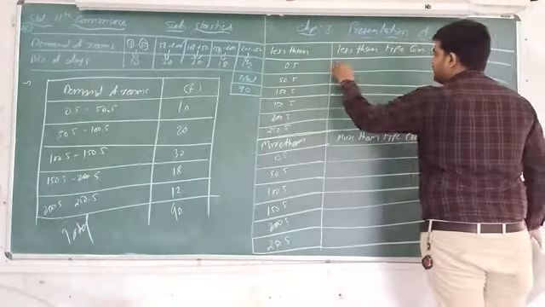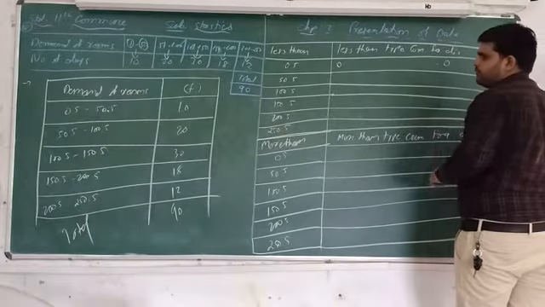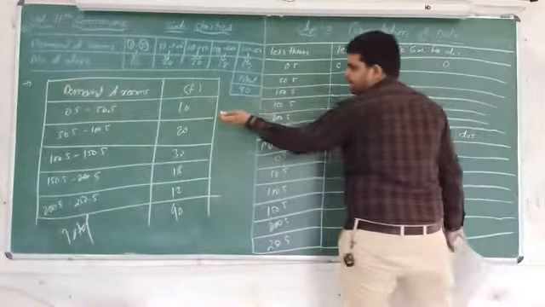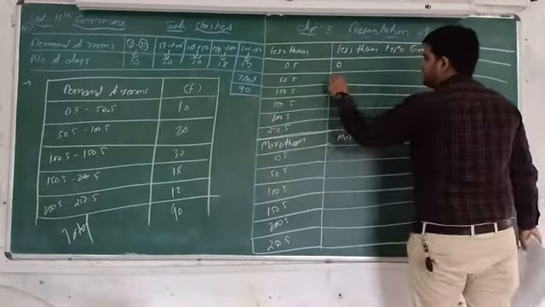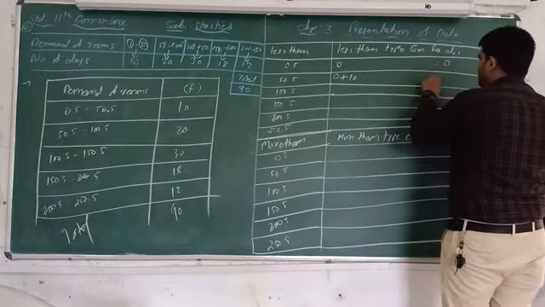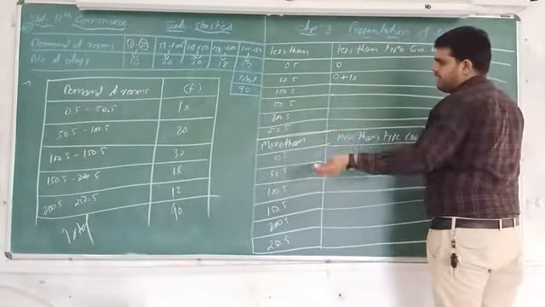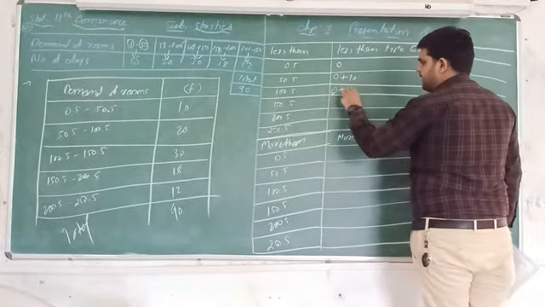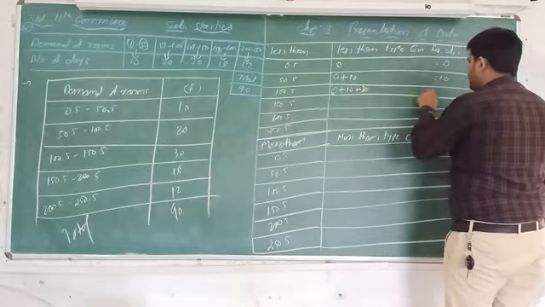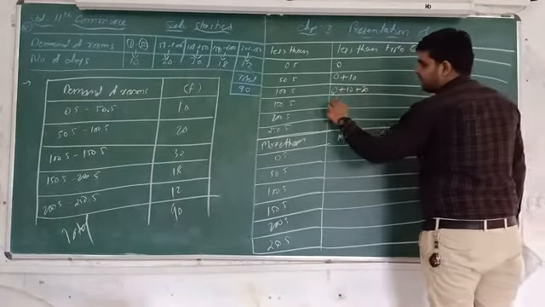Less than 50.5 is 10, so 0 plus 10, answer is 10. Same, 10 plus 20, answer is 30.